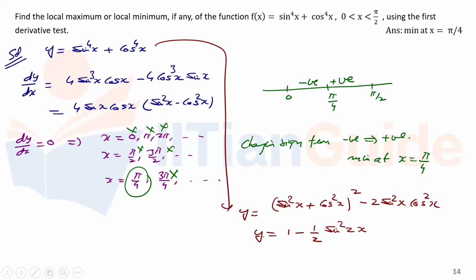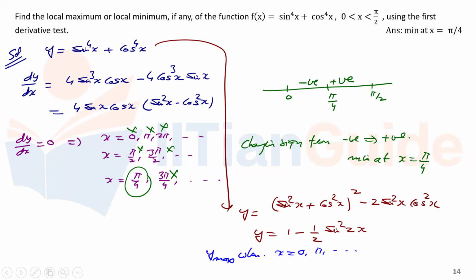So y is maximum when the term sin square 2x is 0, that means x is 0 or pi, and so on.